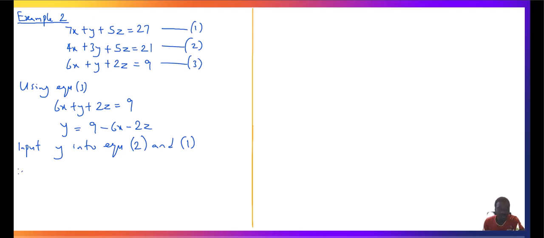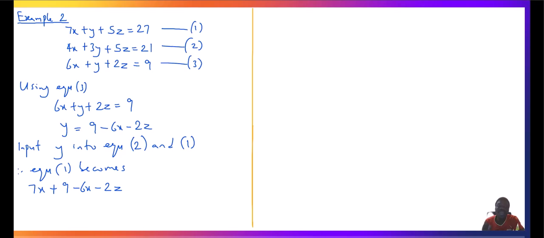So therefore, equation 1 becomes, so let's see what equation 1 will become. So I have 7x, it was not x we have, this was y, plus, what is my y? 9 minus 6x minus 2z. Now, I know it's a bracket.